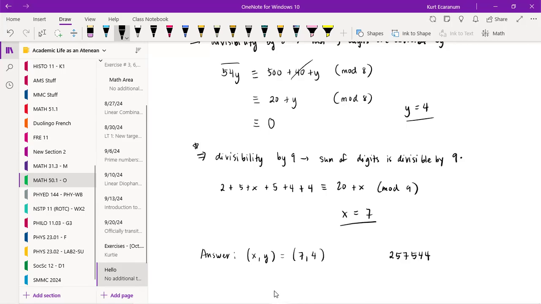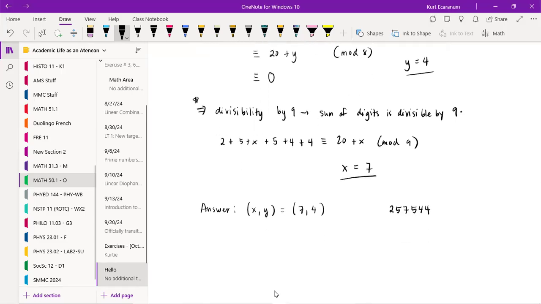Okay. Sige. So I'll just do a calculator here. Sabi ng calculator ko, kapag daw dinivide mo to by 72, ang sagot ay 3577. Yay! So, exercise 8 is finished.